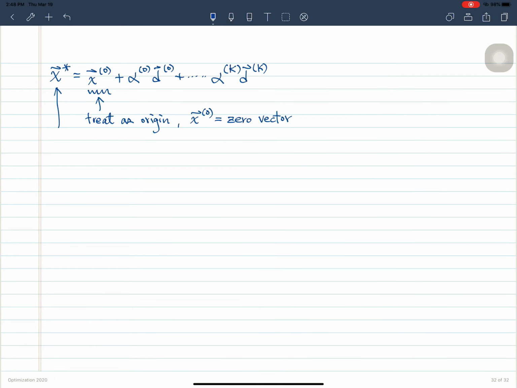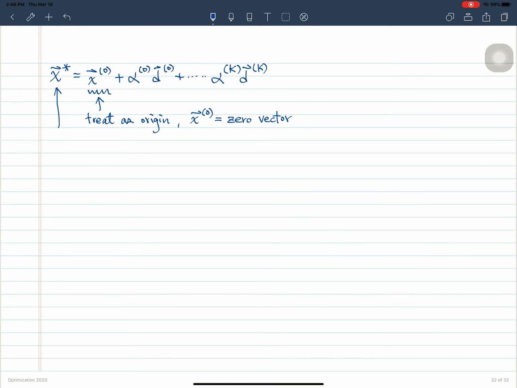When we treat X0 as the origin, it's like we move our coordinate system to the initial guess, and X star is a new position with respect to that origin.